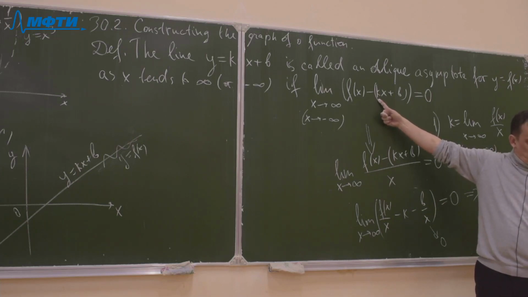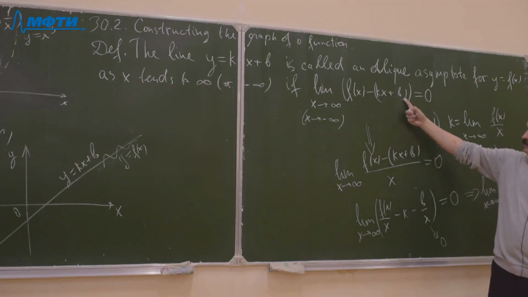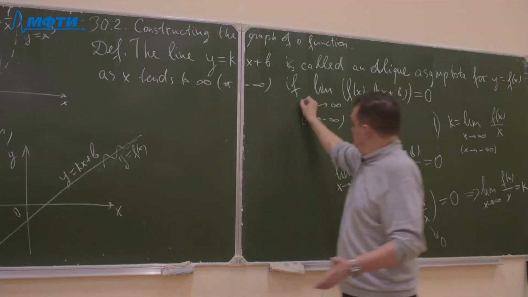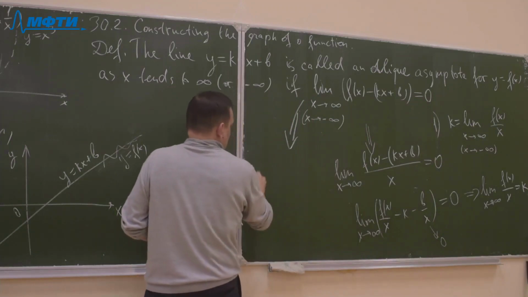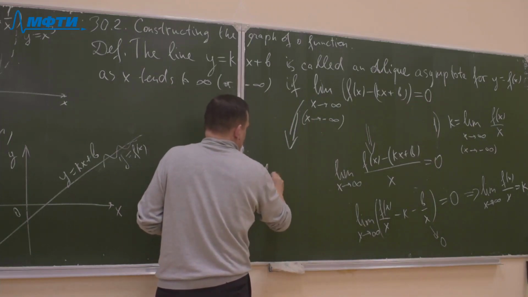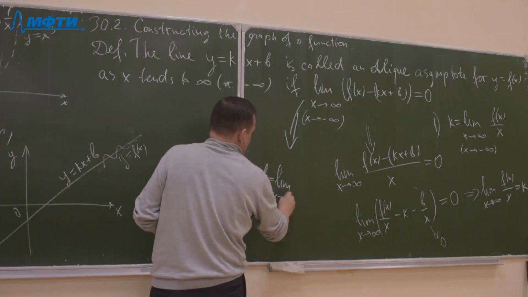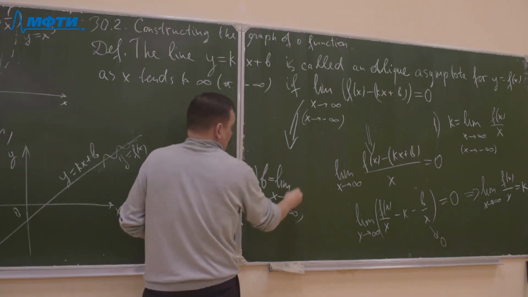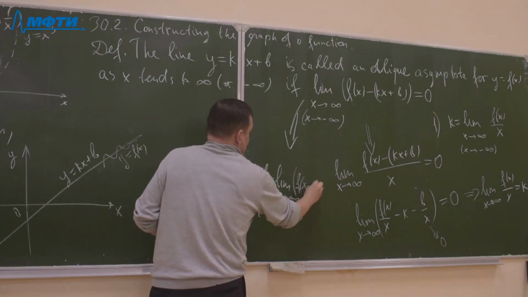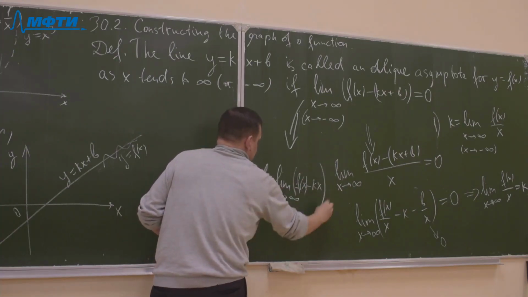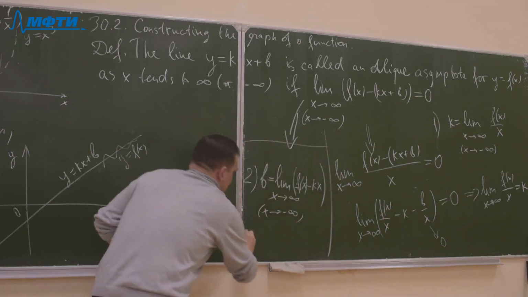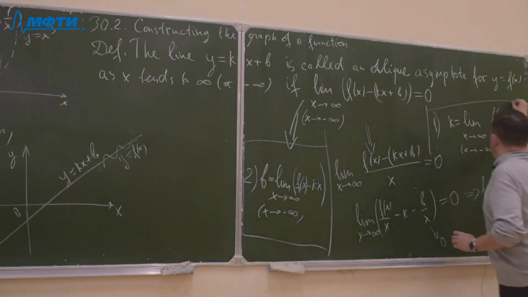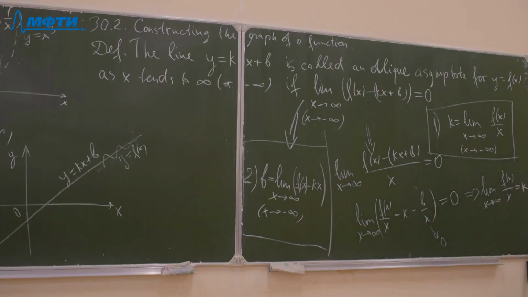There exists such a k, so we can deduce the second step, b equals the limit as x tends to infinity or minus infinity of f of x minus kx. That's it. So these are two steps to find an oblique asymptote.